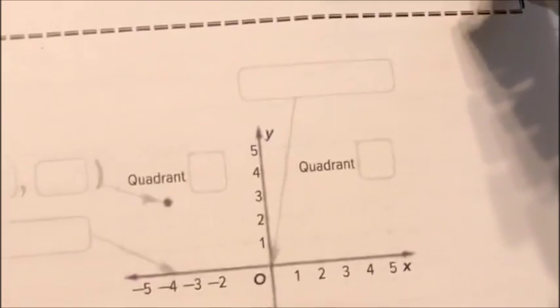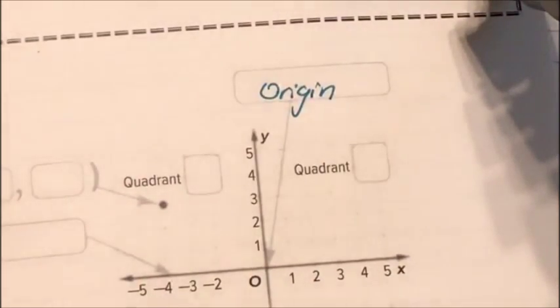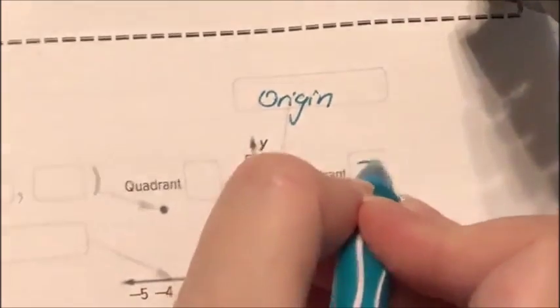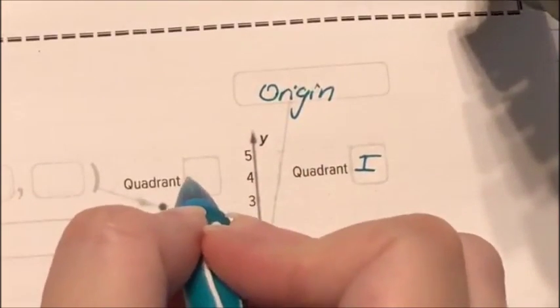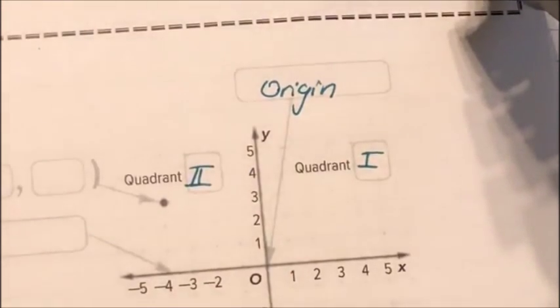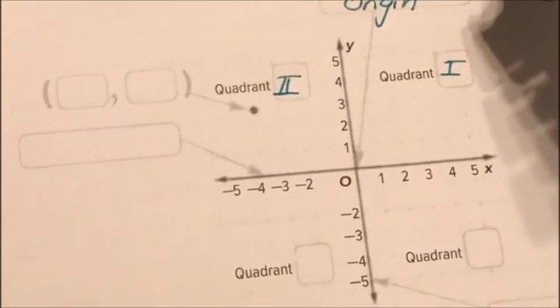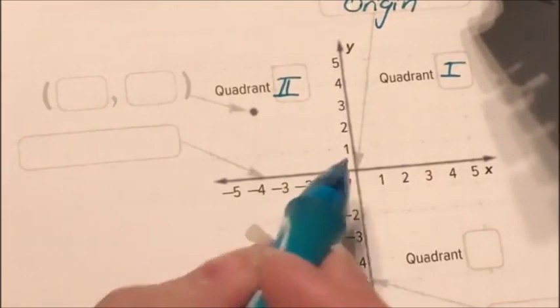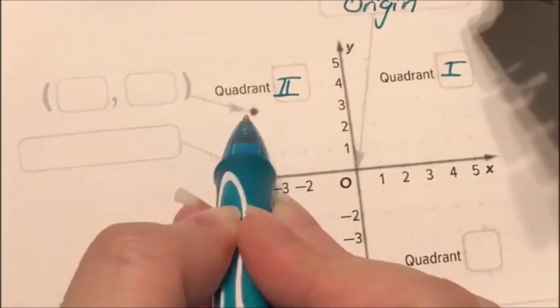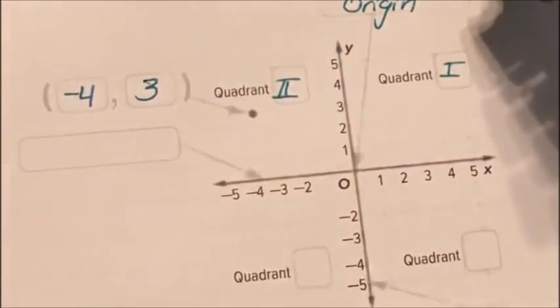Okay, so this top one up here, this is the origin. This quadrant is quadrant 1, and then over here is quadrant 2. I can label this point here looking at the x and the y. So the x is -4, the y is 3, so it's (-4, 3).